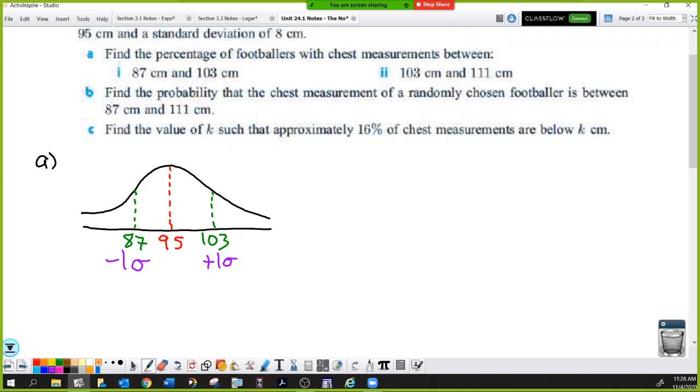So the question is asking you to find the percentage of data that shades. Well, how much data falls between plus or minus 1 standard deviation? Roughly 68%. It's roughly 68% because both sides represent 1 standard deviation away from the mean, which is about 34%.